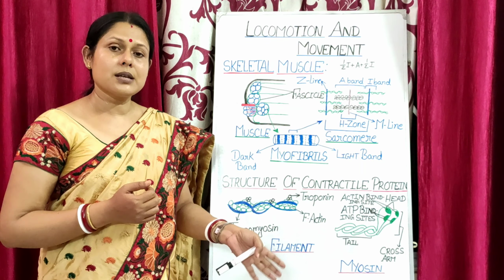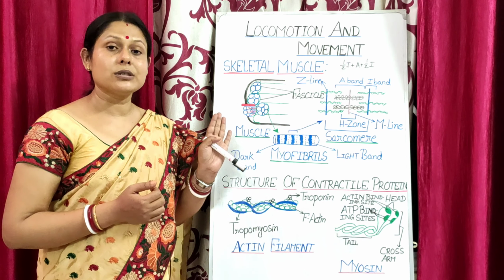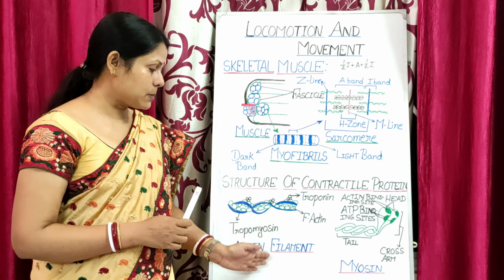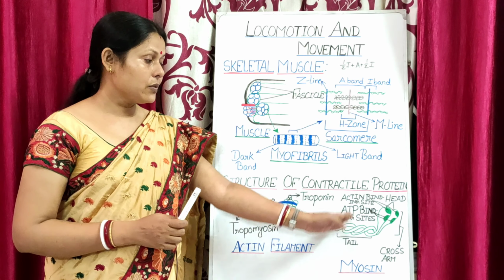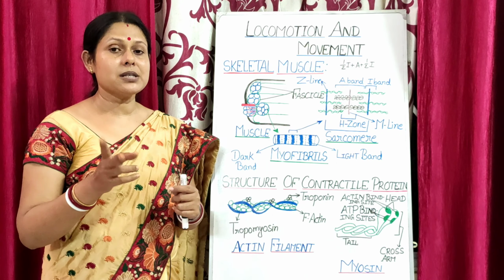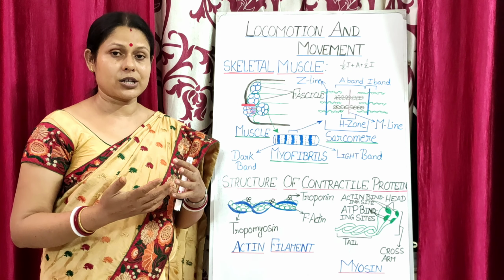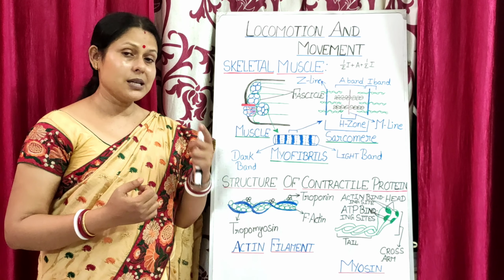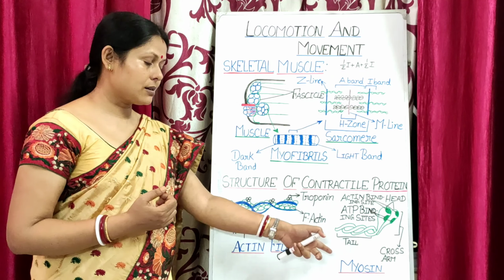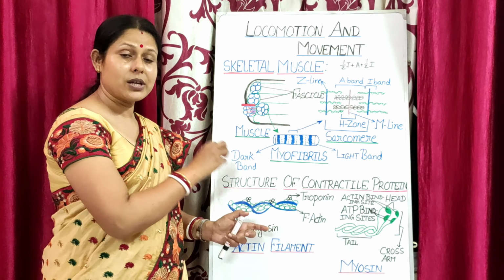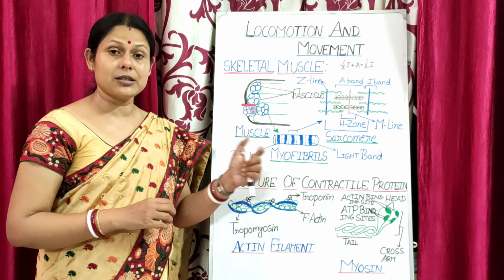Understood? Now this is actually the mechanism of how muscular contraction takes place with the help of actin and myosin in the presence of ATP. ATP is required twice. Once when the contraction process starts: in the presence of ATP only, the myosin will go and bind with the areas which were otherwise taken up by the troponin.